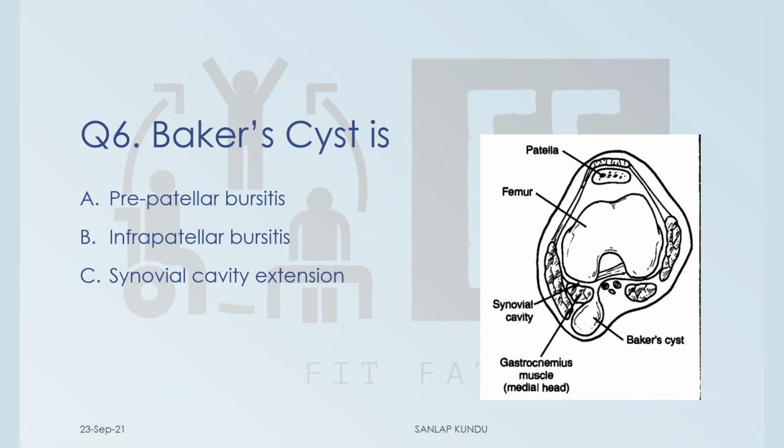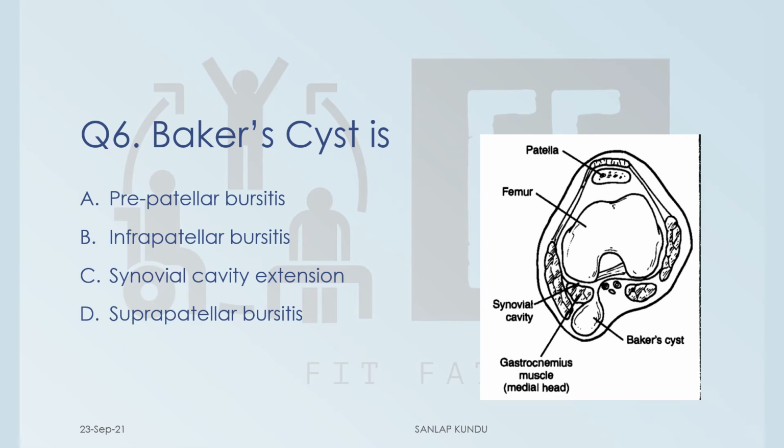Now option C, yes, synovial cavity extension. So this actually applies to the answer because the synovial cavity here is extended posteriorly, right, towards the popliteal fossa. So this will be the answer. Now let's see what option D is.